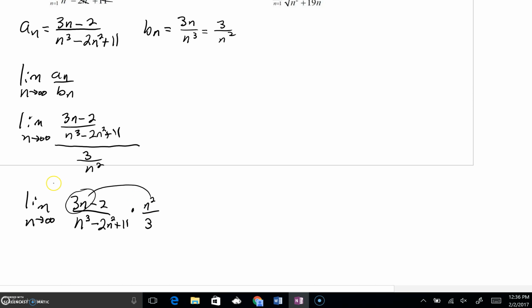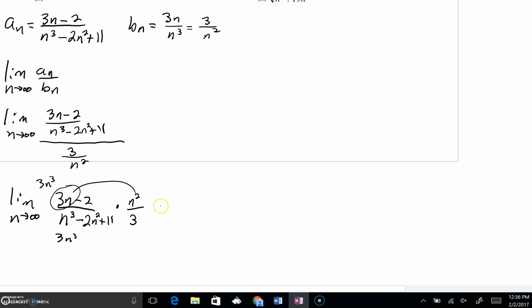The top, I hope you could agree, would be 3n cubed. Likewise, down below, we'd have 3n cubed, and that's just end behavior. So 3n cubed divided by 3n cubed would be 1, which is a positive real number. That's what we're looking for, a positive real number.